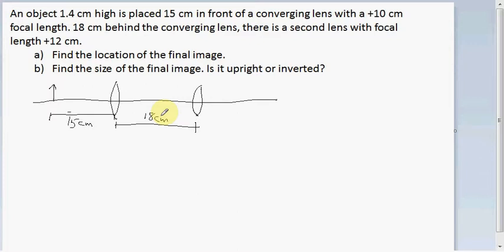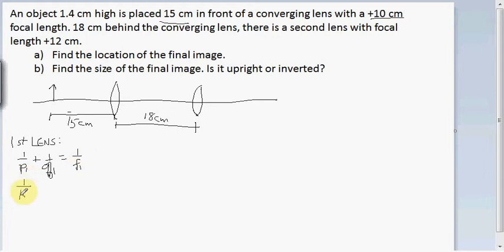So let's start working on stuff. 15 centimeters in front of the converging lens, so this is where it's placed. This is going to be my object distance here. I've got my focal length for the first lens, so I can go ahead and calculate where the image is formed from the first lens. For the first lens, I can say 1 over P1 plus 1 over Q1 equals 1 over F1.